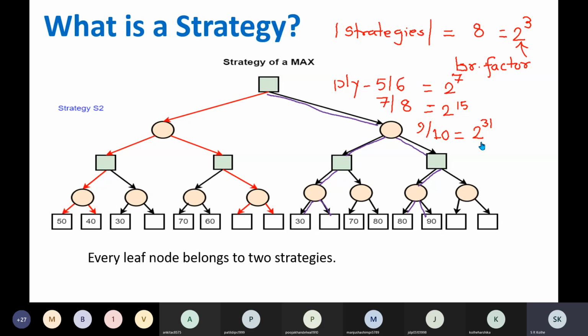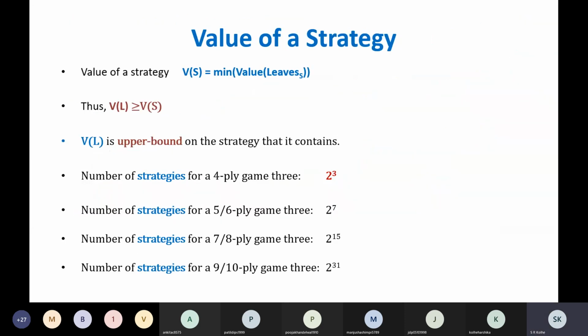What is the strategy? How many strategies you can define for a game tree? Because algorithm works on strategies. So let us move further.